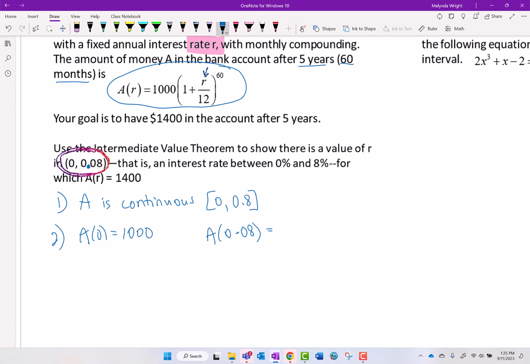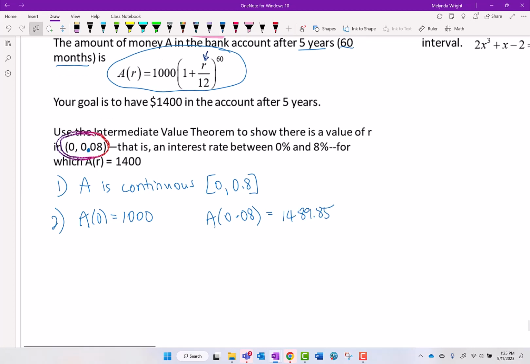A of 0.08, I plug 0.08 in for R, I use my calculator, and I get $1,489.85. So in step 2, I say 1,000 does not equal 1,489.85. Step 2, the y values of the endpoints are not the same number. Okay, step 2.